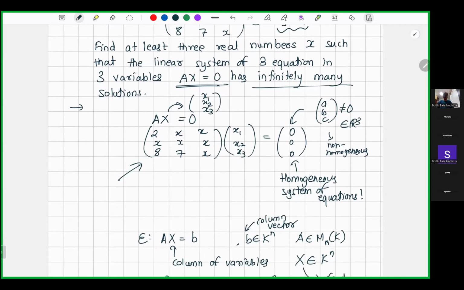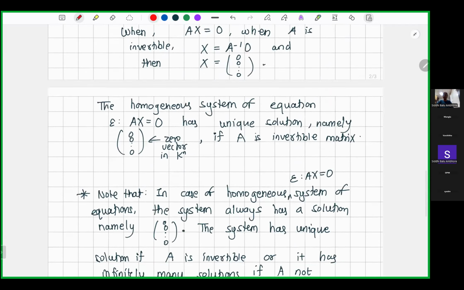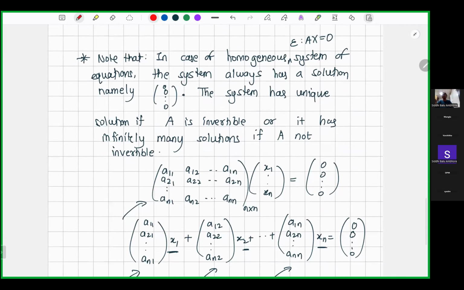So instead of going to row echelon form and looking at everything, and there is only one variable here which we need to find, this x, we can make use of this information about invertibility of the matrix, and check for what values of x the determinant is zero.